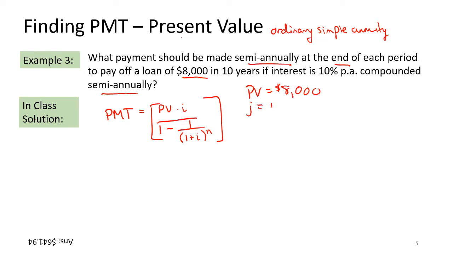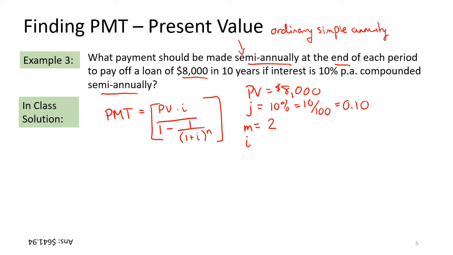Our nominal interest rate is 10%, which remember is 10 divided by 100, removing the percentage sign, or 0.10. Our number of compounding periods per year in this instance, M, is 2 because it's given as semi-annually.